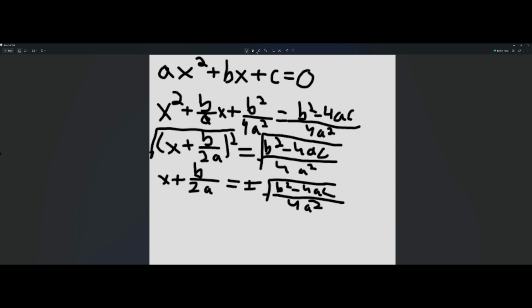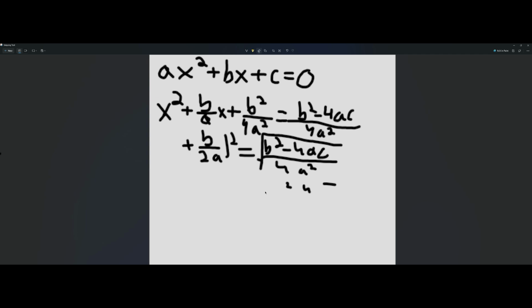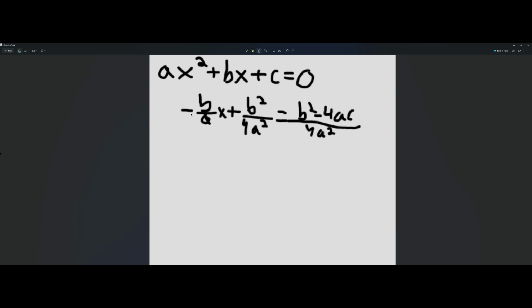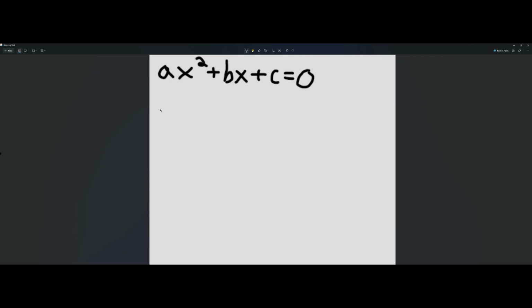Okay, let's erase what we have up here. So now we have x plus b over 2a is equal to plus or minus the square root of b squared minus 4ac over 4a squared, right?